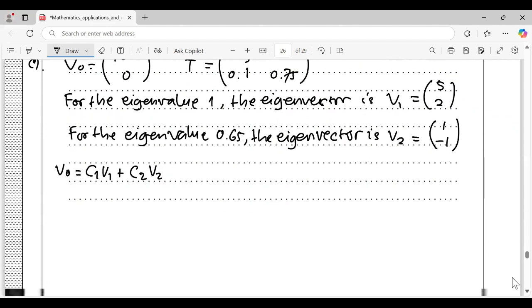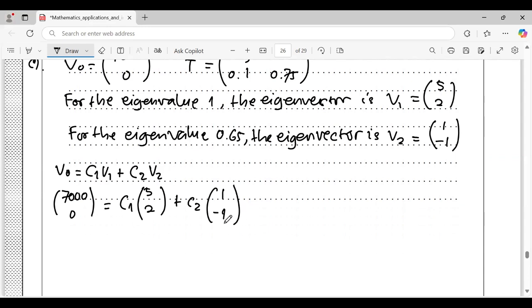If we substitute, the initial vector 7,000 and 0 equals C1 times 5, 2 plus C2 times 1 and minus 1.